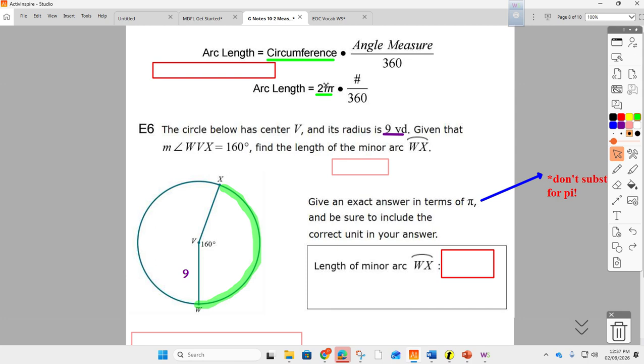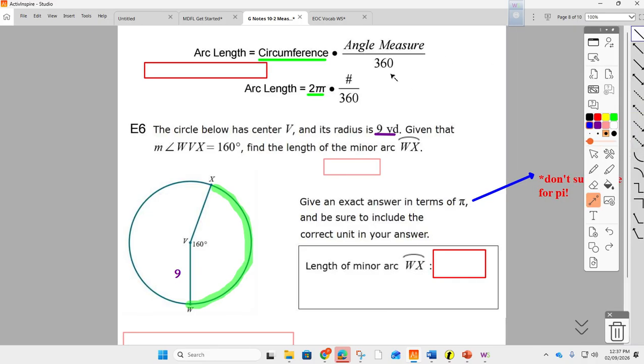But if we want the length of the arc, that means we want the measure of part of the circumference. So what part is that? We're going to use that part divided by the whole concept again. And I don't really like this angle measure terminology. I tried to tough it out today, but let's change this to the arc measure. I think the arc makes more sense, in my mind anyway.